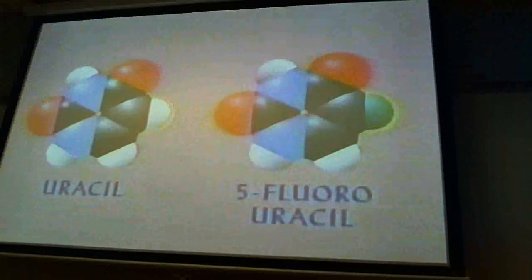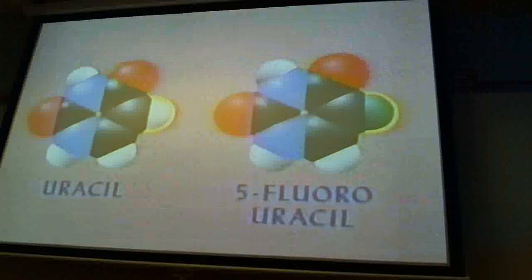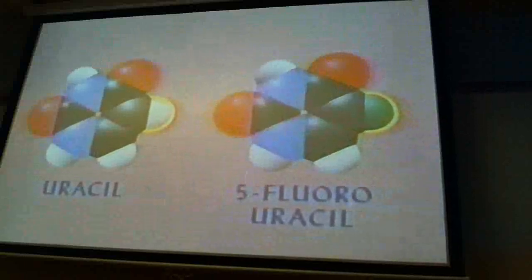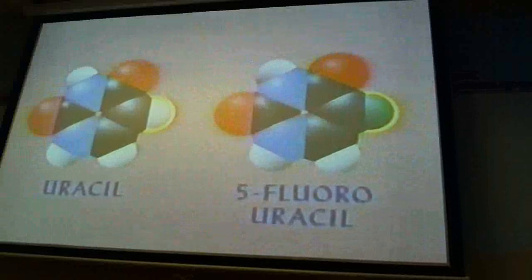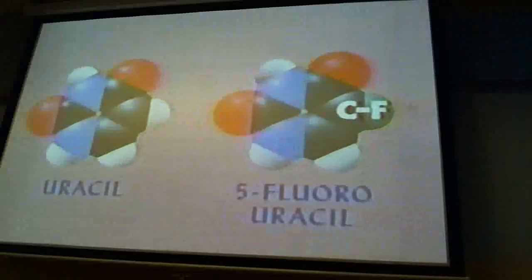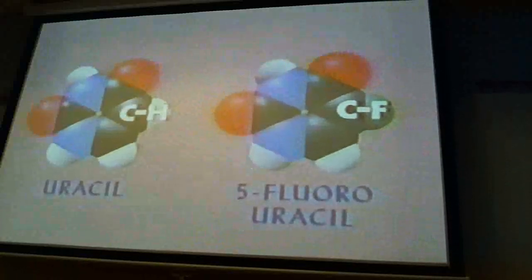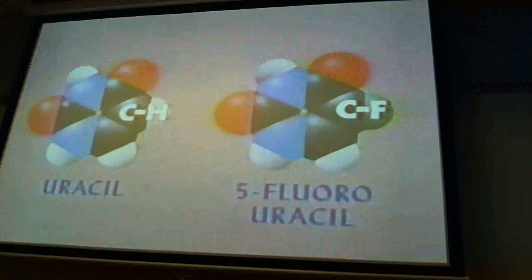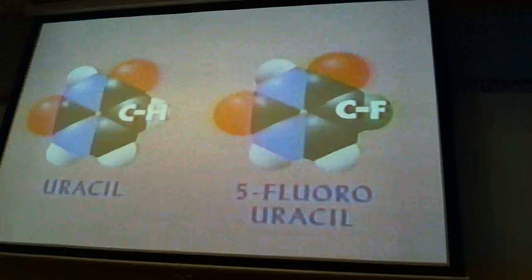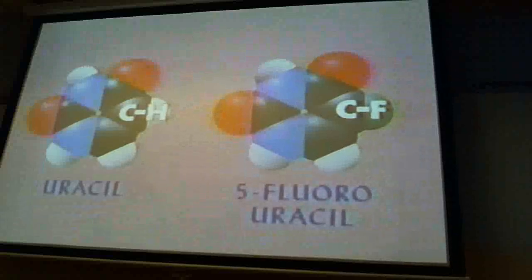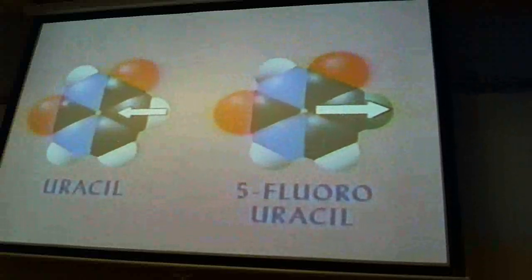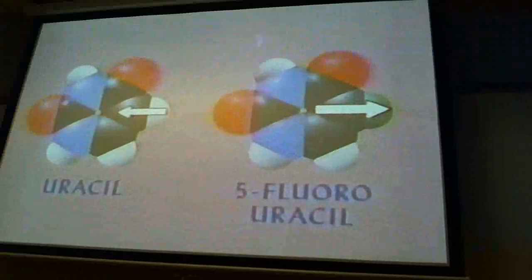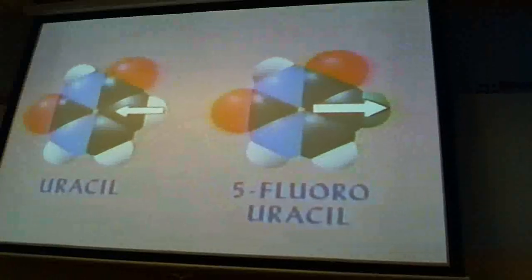First, the hydrogen and fluorine are almost the same size, so that both molecules should fit into the enzyme. Second, the chemistry of a carbon-fluorine bond differs from that of a carbon-hydrogen bond, so that the enzyme might find it difficult to replace the fluorine with a methyl group. And finally, the changed polarity may allow the fluorine compound to adhere more firmly to the enzyme than would a uracil compound.